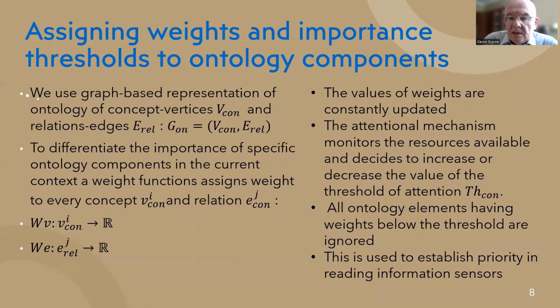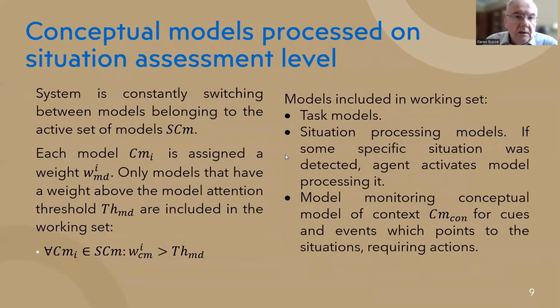The values of weights are constantly updated. And we have a threshold parameter which divides those elements into parts, and we can ignore the elements from the lower part, having less weight than this threshold.